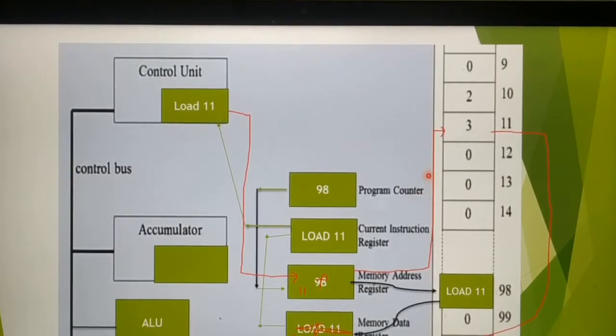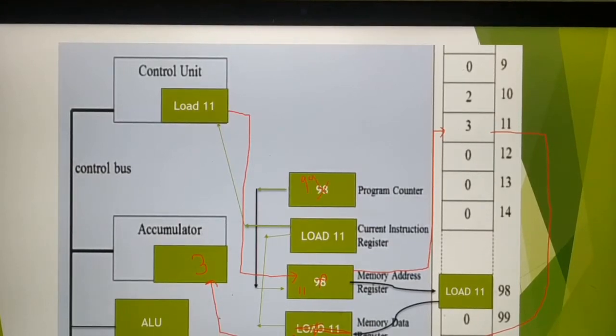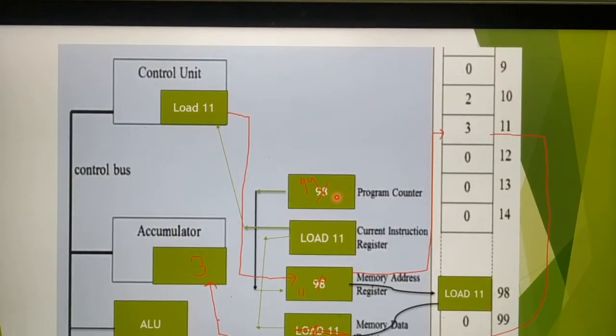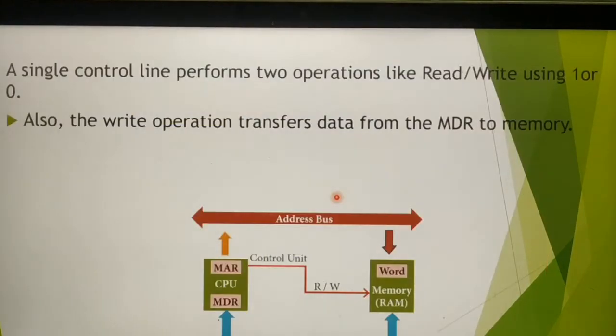In this memory, location 11 contains the data 3. That data 3 will be passed to the memory data register and finally stored in the accumulator. Now the program counter increments the value from 98 to 99. 99 means the next instruction to execute is at 99. This is a simple example only; it is not given in the book. I have given this example for your understanding.